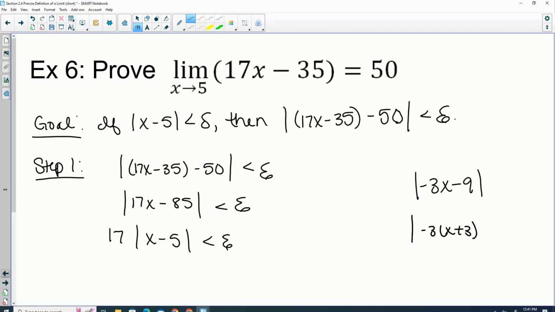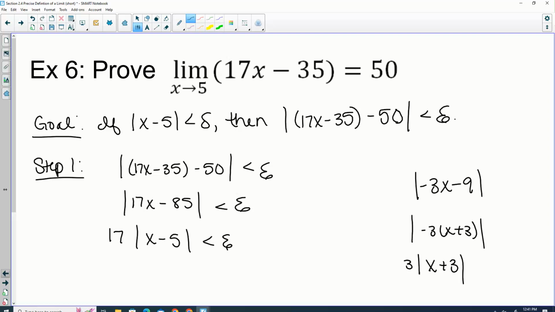Do you guys agree with that? When you pull that negative 3 out, what's the absolute value of negative 3? 3. Positive 3. So if you're factoring out a negative, you have to remember that you do the absolute value, so it's still the positive number that comes out. I think there's one or two on the homework where you have to factor out a negative and it becomes positive.